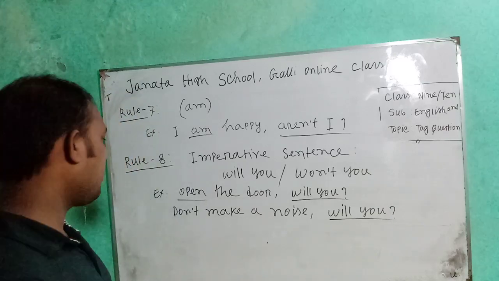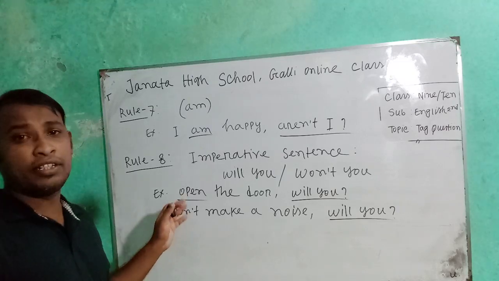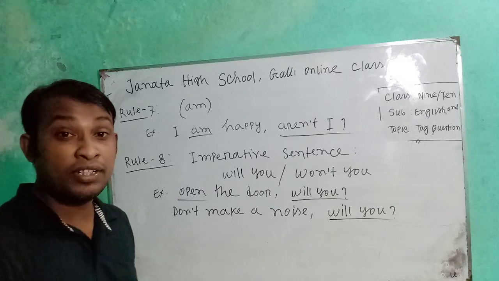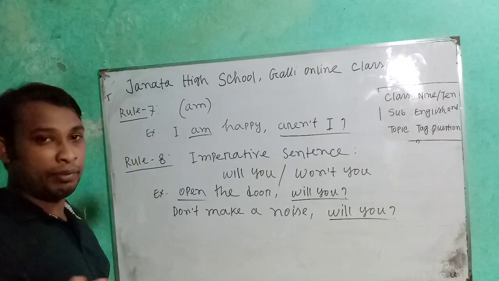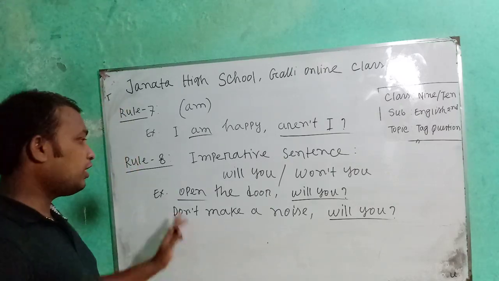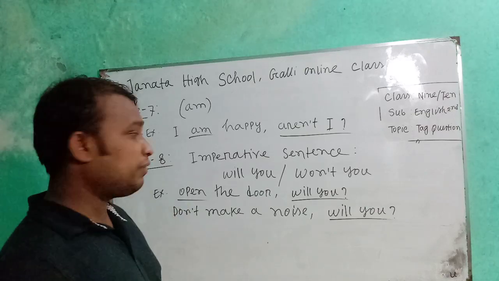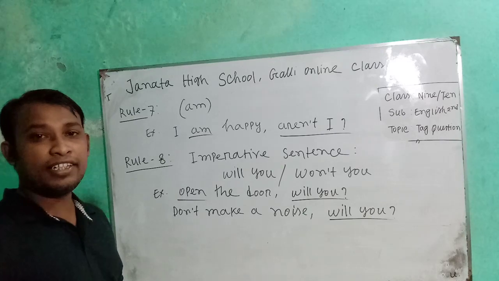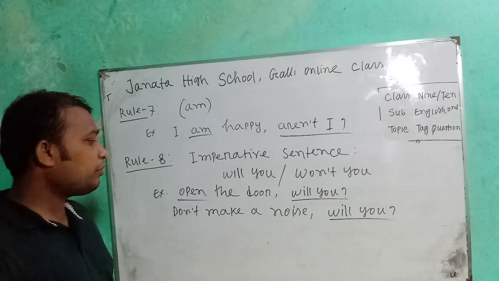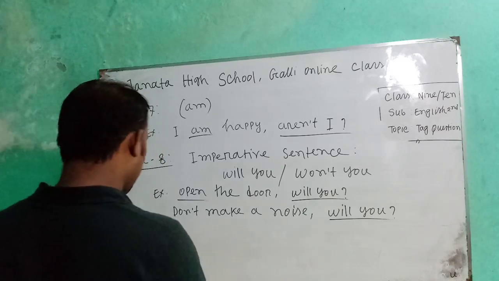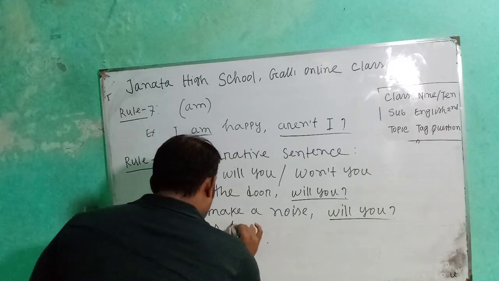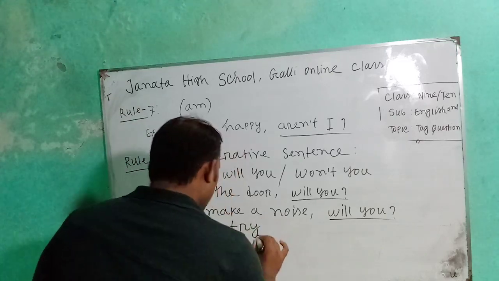But if the sentence starts with the word let us or let's, then we have to use shall we. Remember it. And this rule is very important for the exam. If the sentence starts with the word let us or let's, we have to use shall we. Let us try again.